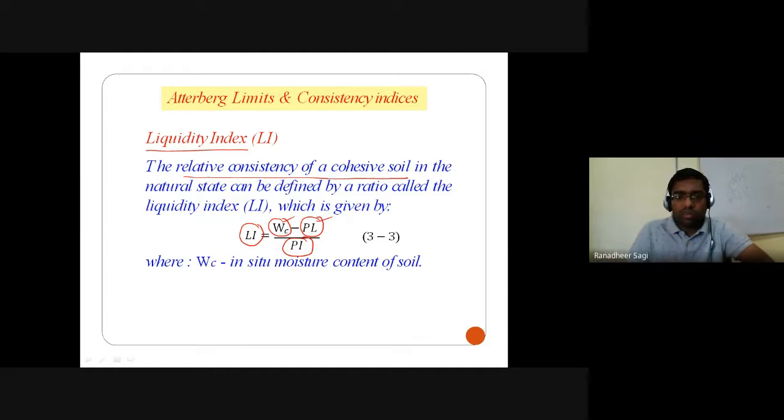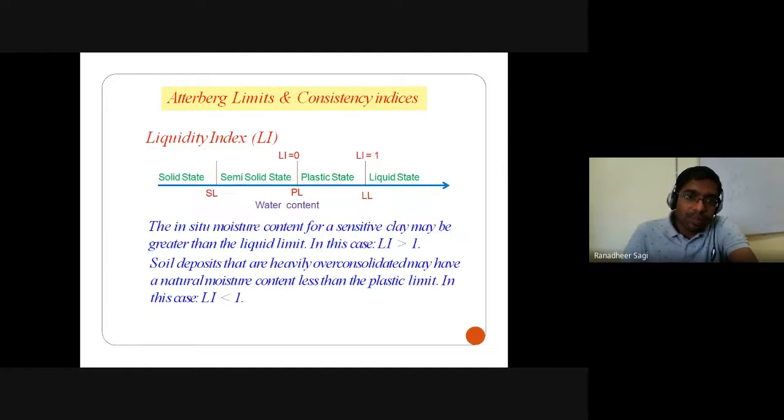Later on I'll be talking about the consistency index. Based on the liquidity index and consistency index, you will be able to say the nature of the soil, whether it is soft, stiff or medium stiff. We'll be able to understand the consistency of that soil based on this liquidity index and the plasticity index value that we determine.